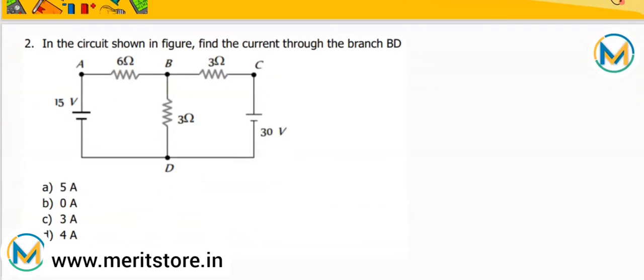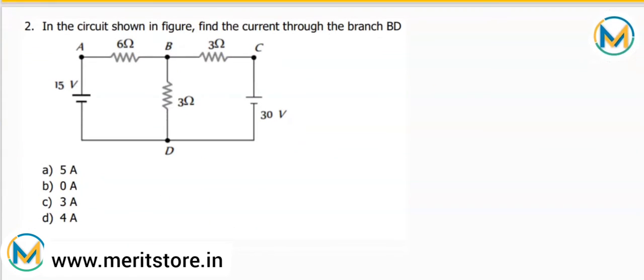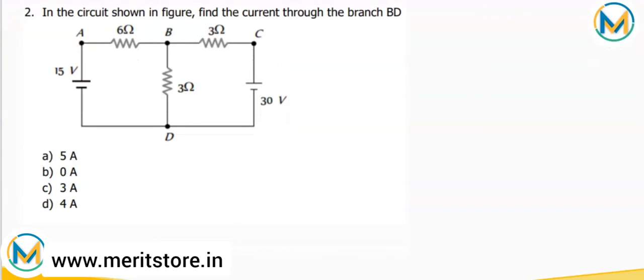Looking towards the next question. In the circuit shown in the figure, find the current through the branch BD. First of all, in this circuit diagram, the voltages given are 15 volt and 30 volt. Since this voltage is higher, the current flows in this direction, and from here it goes through this resistance.